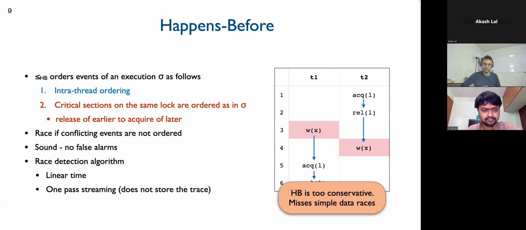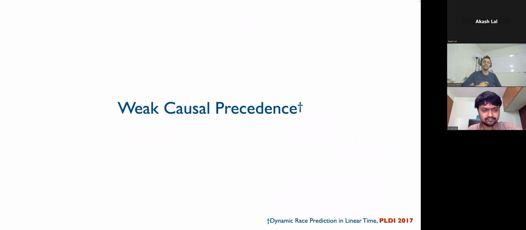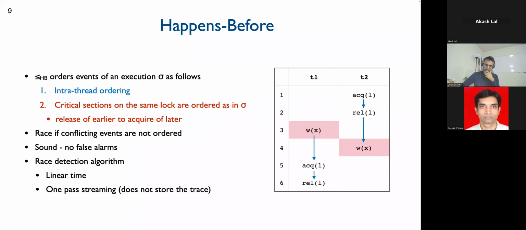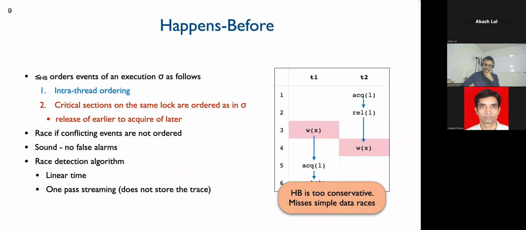Any other question? Okay, if not, let's move on and try to make happens-before better again. The first technique that I'm going to talk about is something that we did. Now it's a 5-year-old thing. Umang, sorry, in the last slide, you could say that even your technique also misses some races, right?